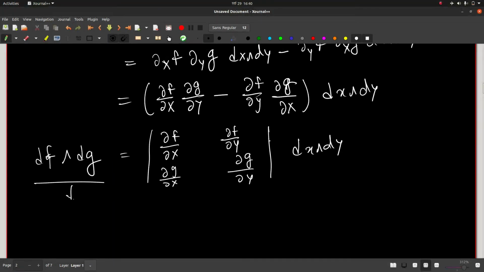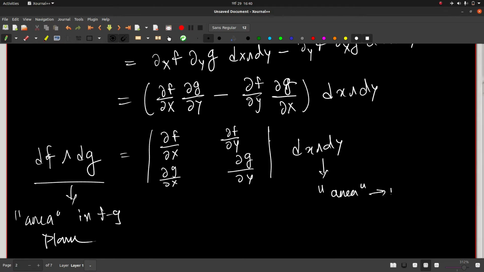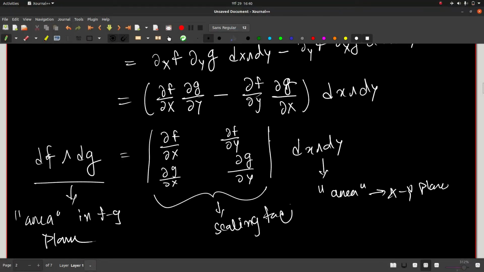So this is the so-called area in the fg plane. This can be thought of as the area in the xy plane, and this is our scaling factor, which is also known as the Jacobian, whatever you want to call it, or some people call it the determinant of the Jacobian matrix.